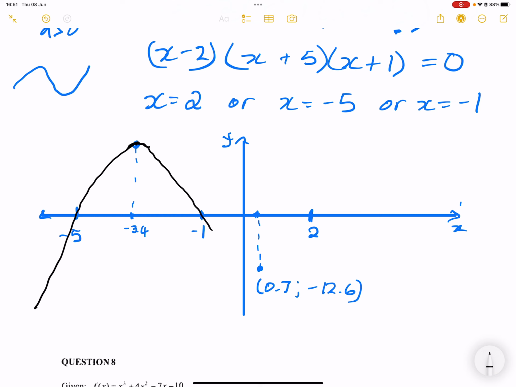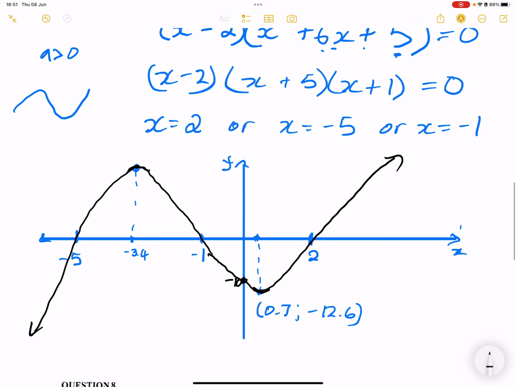So this is our minimum. So there's what our graph should in fact look like. It passes through negative 10 over there. That's our y-intercept. I hope that makes sense, ladies and gents.